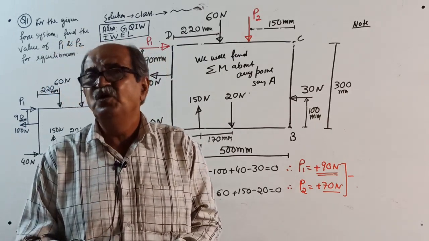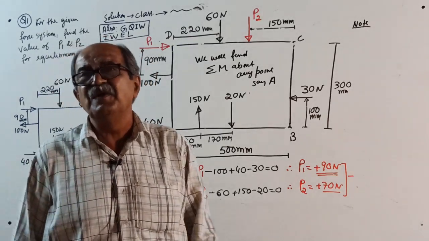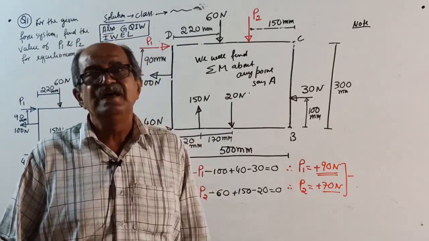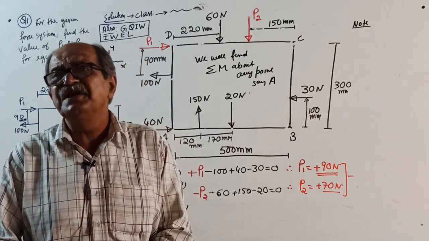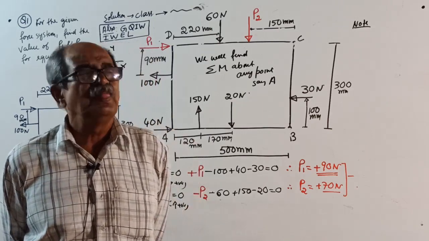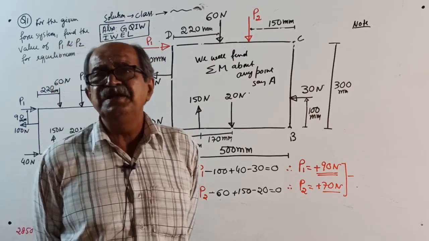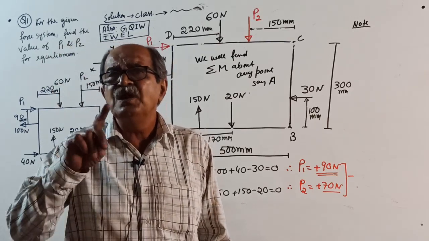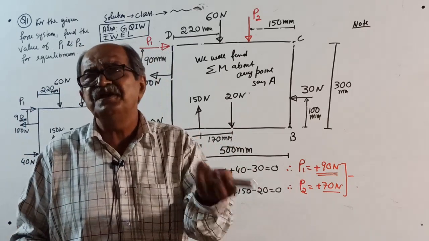The person who set the question should improve his structural knowledge. He should know that when three conditions are there, there should be three unknowns. If there are three unknowns, yes, you can solve. Later, we will call it determinate. If three conditions are there but unknowns are more than three, you cannot solve using conditions.